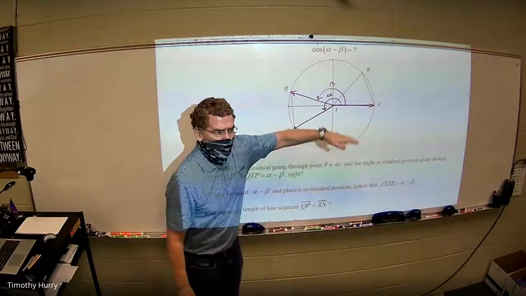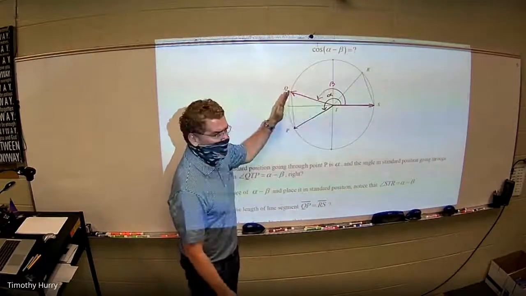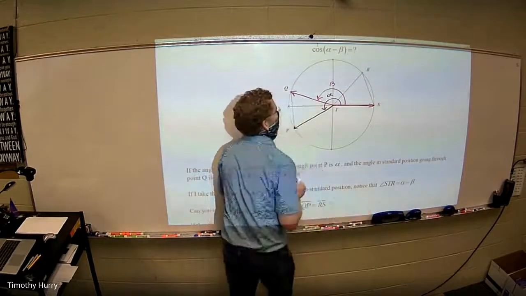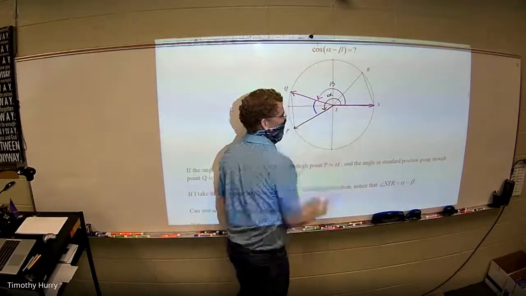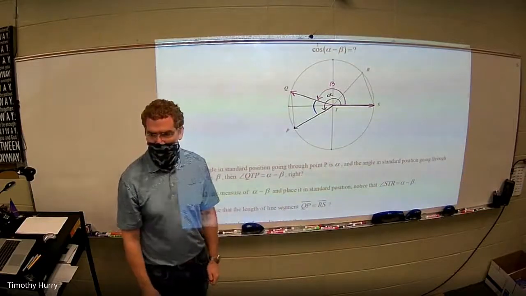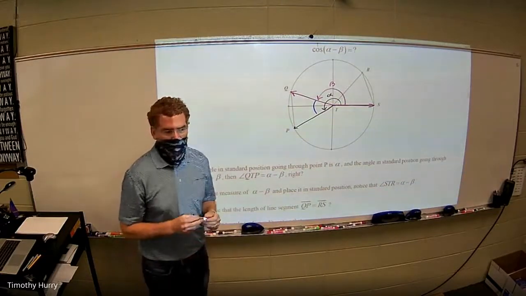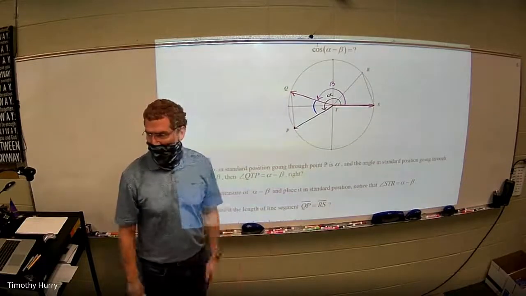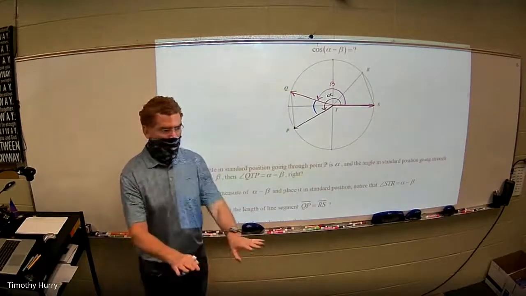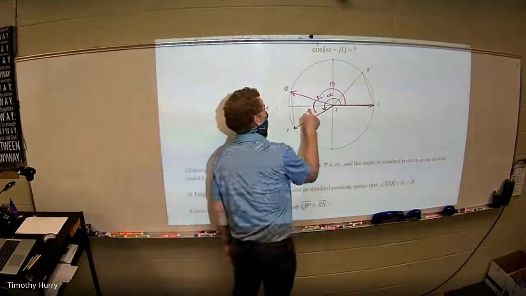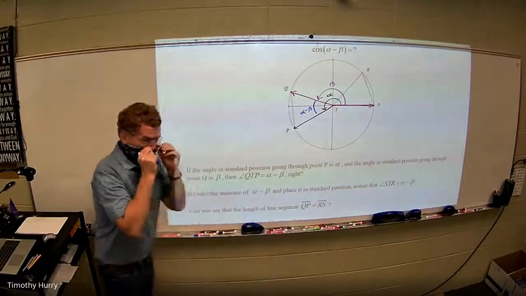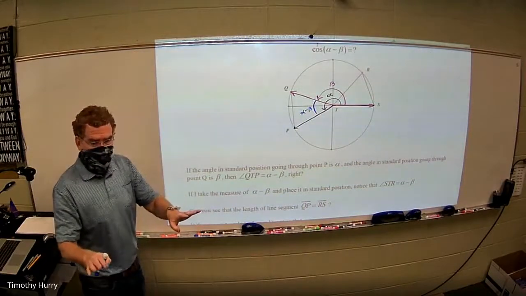So if the brown one is alpha and the pink one is beta, somebody tell me what this is. What is that? If this is alpha and that's beta, that's alpha minus beta. Are y'all with me on that? Okay, so I'm going to say that is alpha minus beta. So far, so good?